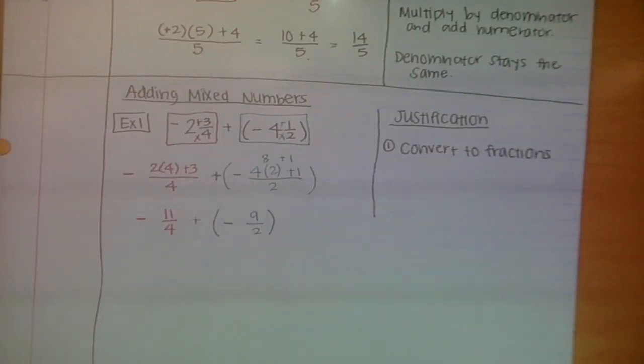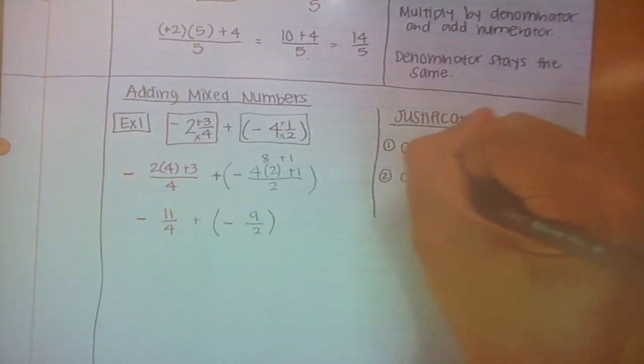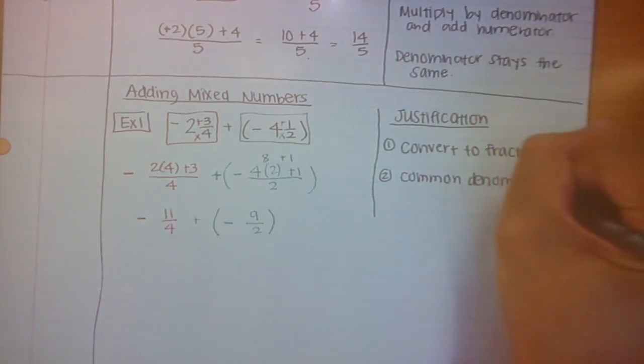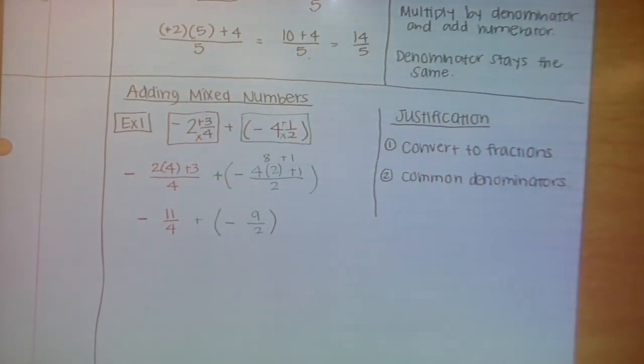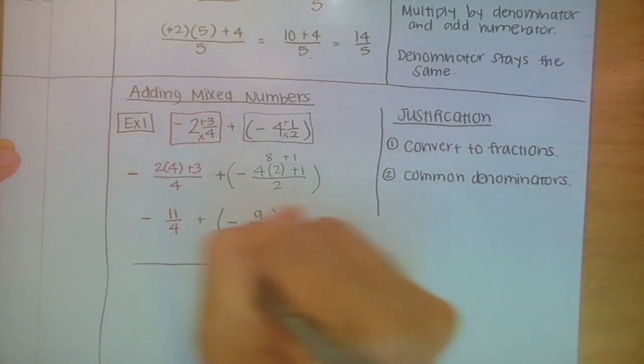And now we have two fractions and we need to find common denominators. So the second step is to find common denominators. So we did this before in our do nows. So first I'm going to draw a chart.